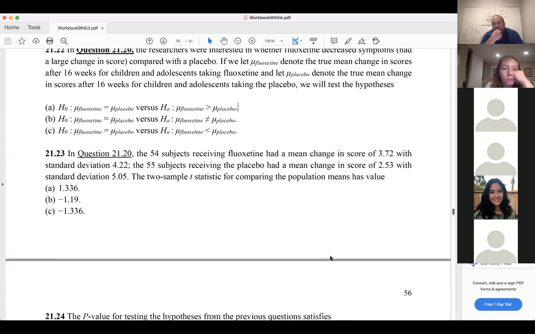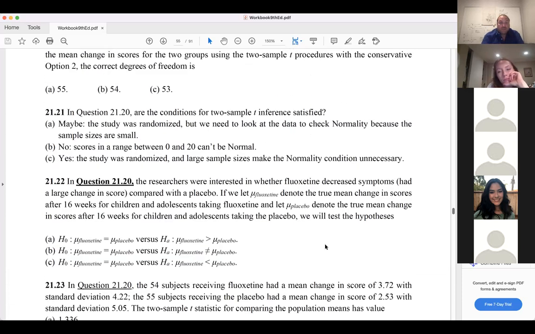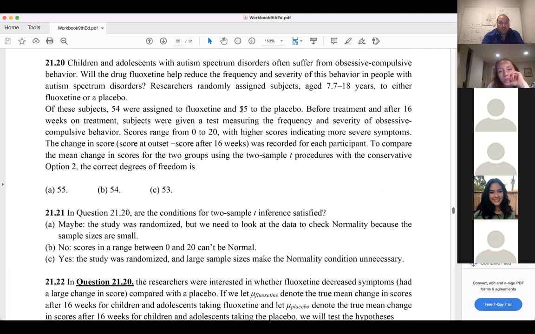Larger in this case means bigger change, right? The drug should be a bigger change. If the drug works, then the symptoms should go down more. Did I read that correctly? We have autistic children, and either they get the drug or a placebo.